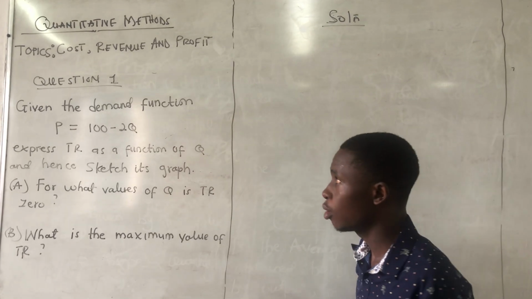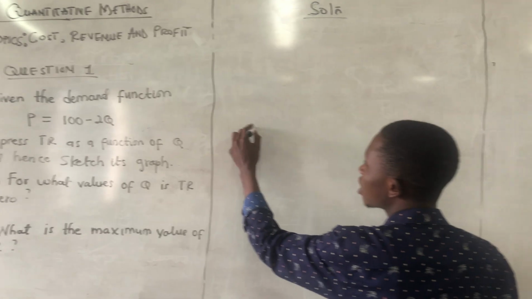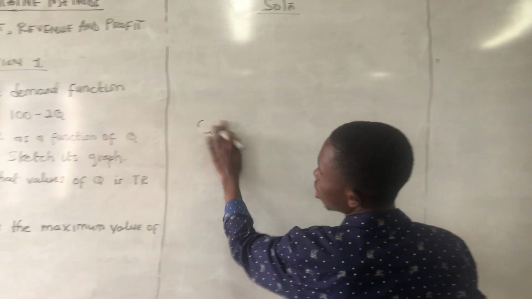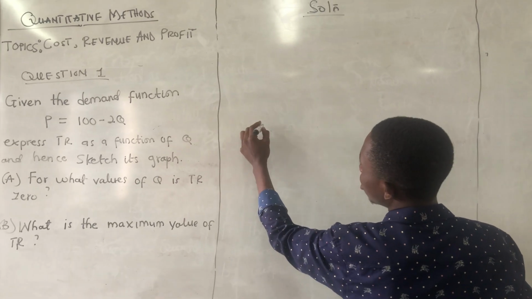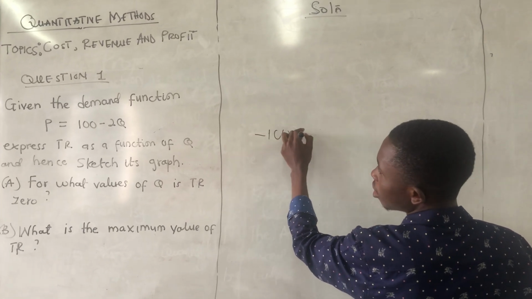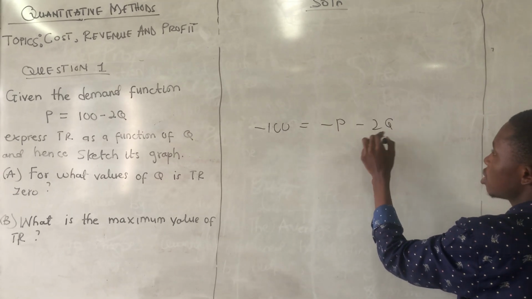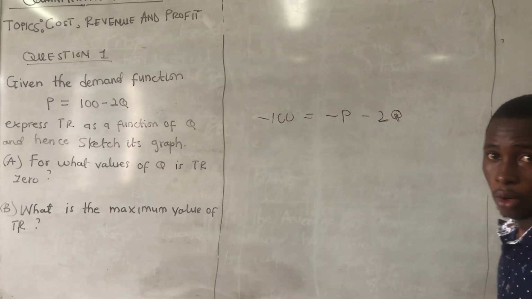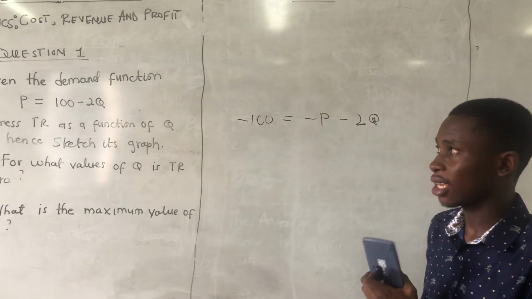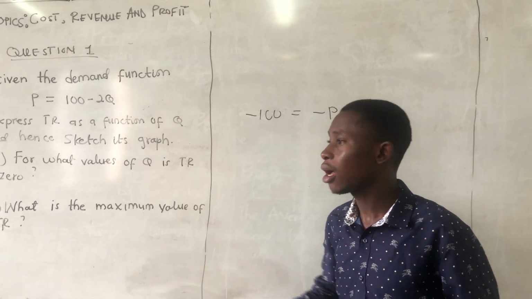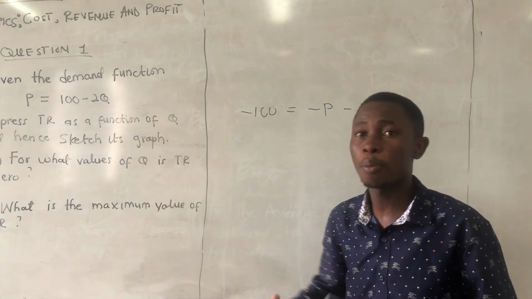With some demand functions, you can be given, let's say, negative 100 is equal to negative P minus 2Q. Always check if the demand function given to you is expressed as P is equal to this or P is equal to that.